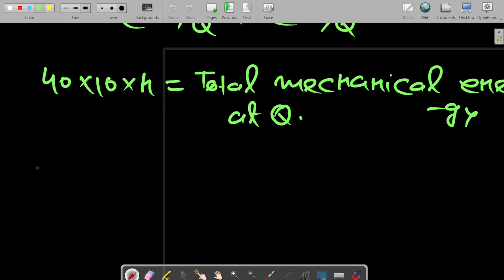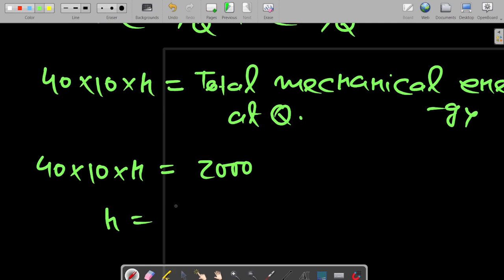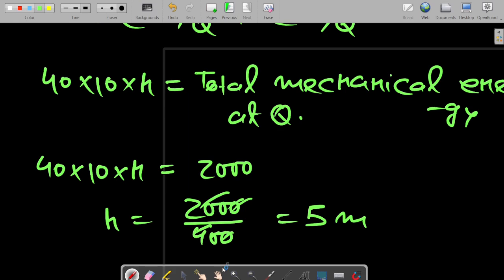So now 40 into 10 into h is equal to the kinetic energy, that is what we have got, 2000. We have already determined this, so your h will become 2000 upon 400, and we have got 5 meter.